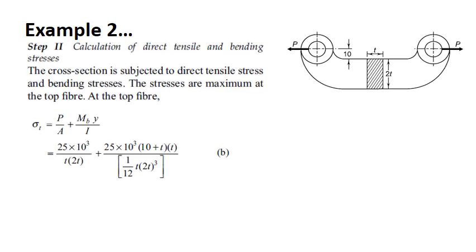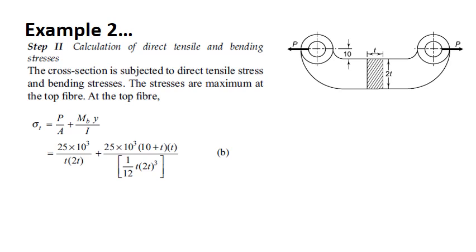That is P by A plus M B Y by I. Right? P by A, P is load, cross-sectional area of the link is T into 2T, plus bending moment. What is the bending moment? Of this with respect to central axis of the link, P into, that is load, 10 plus T, right?